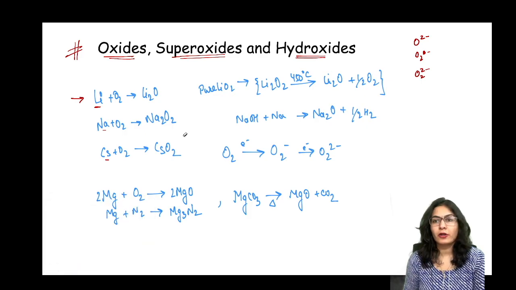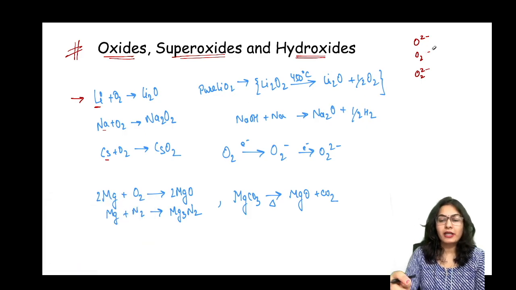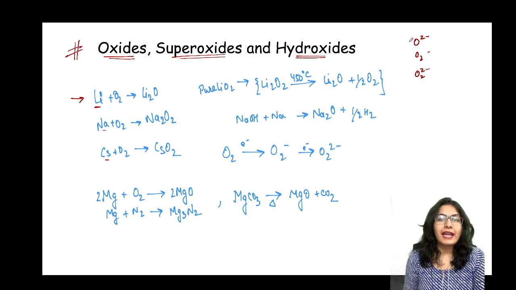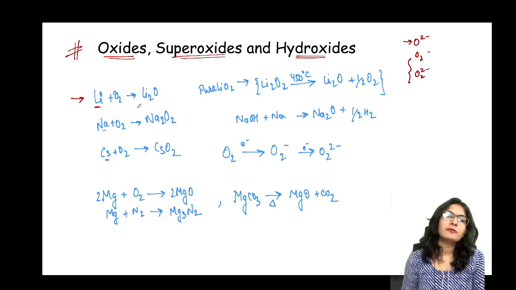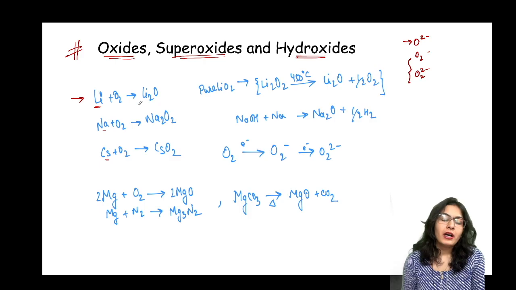Superoxide is a little bit bigger, so the size increases for these two and is very small for the oxide. So smaller elements like lithium naturally form a simple oxide like this.